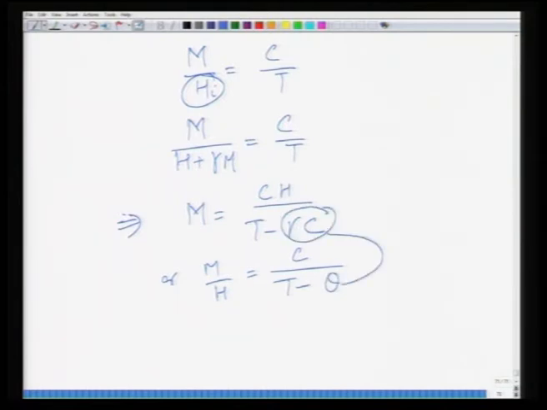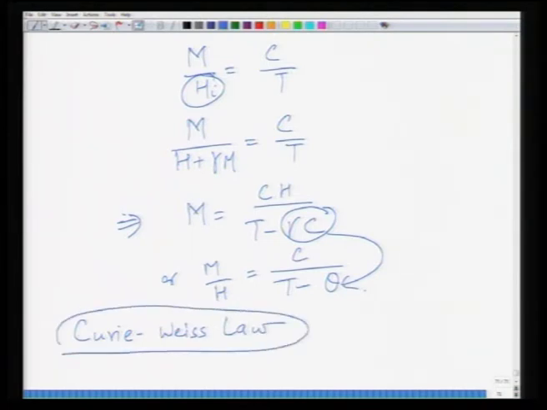This theta has a unit of temperature, because this is nothing but C divided by T minus some Tc or theta, and this is called the Curie temperature, and this whole expression is called the Curie-Weiss law. So, the Curie law, which was followed by paramagnetic material, has been modified into the Curie-Weiss law with the introduction of this molecular field constant, the Weiss constant, into the susceptibility expression.